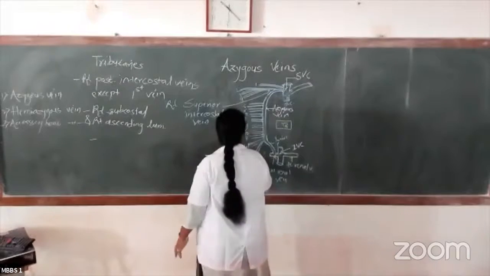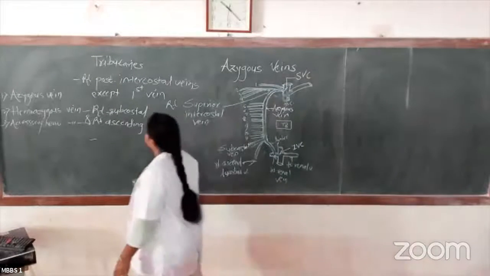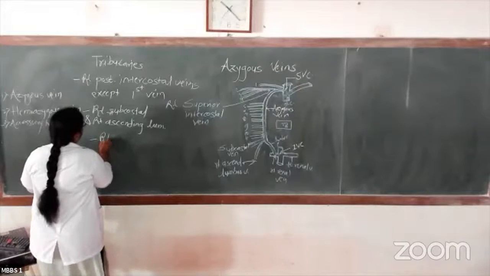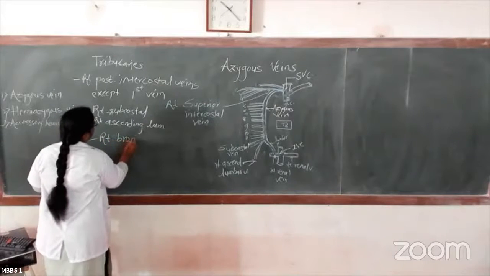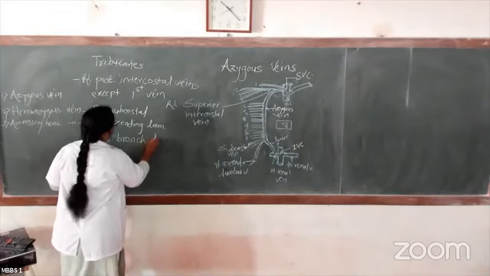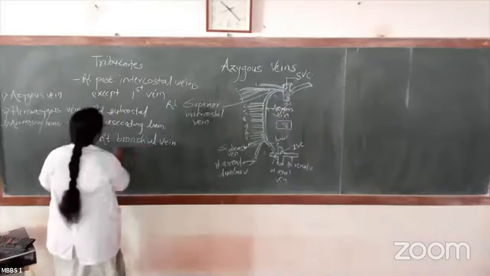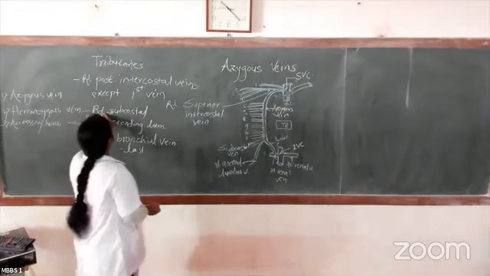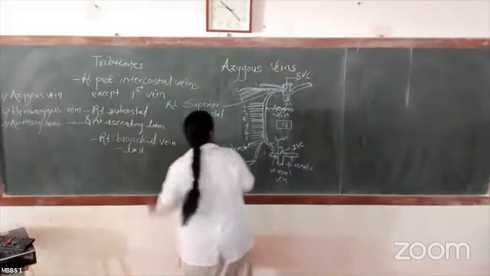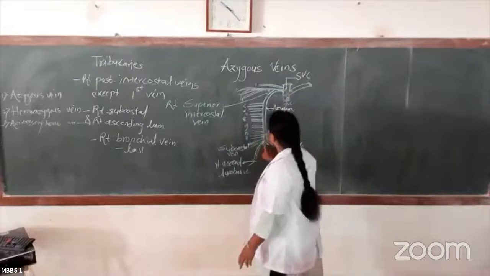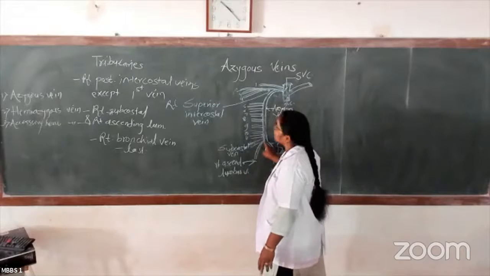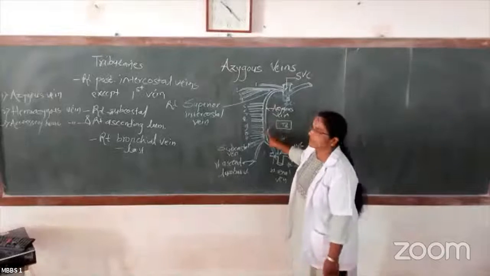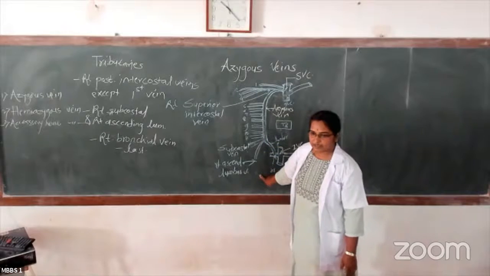Now the next tributary is the right bronchial vein. It is usually the last tributary, and the right subcostal and right ascending lumbar is usually the first tributary, where the azygous vein forms as a lumbar azygous vein.